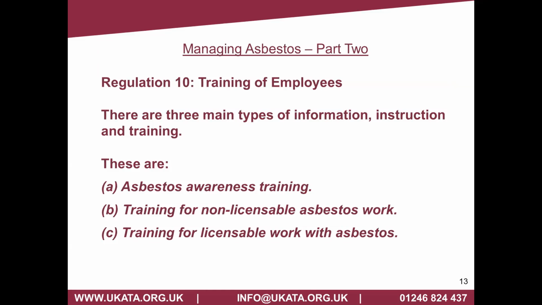The other is training for non-licensed works, often referred to as category B. That's about a day and a half duration. And then the C would be the training for licensable work. So if we remove the A from that list, the 2 types of training courses available for people undertaking work with asbestos are B and C, undertaken by training providers, UKATA training providers, etc.